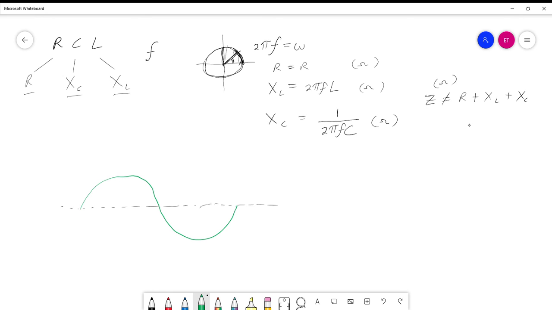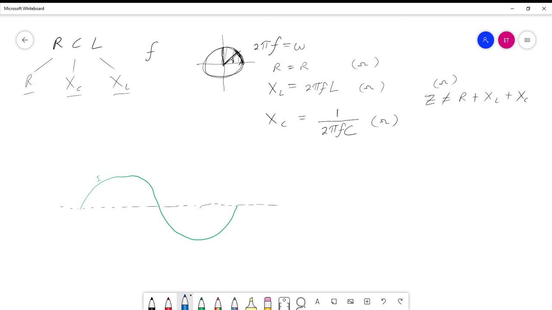And let's talk about how things look. Well, first of all, if that's current, then I can tell you what the voltage or what the impedance will look like across a resistor.